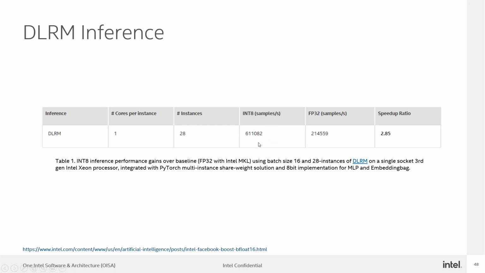This is the number that we got for int8, and this is the number that we got with the FP32 data type. Comparing these two, we can see that we achieved 2.85 times better performance with int8 quantization. More detailed information about this experiment can also be found in this article.